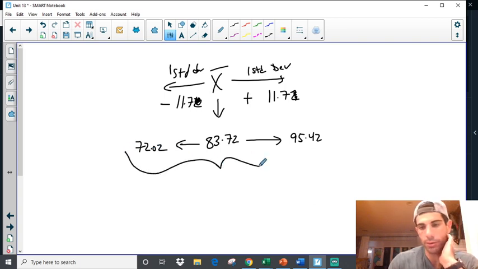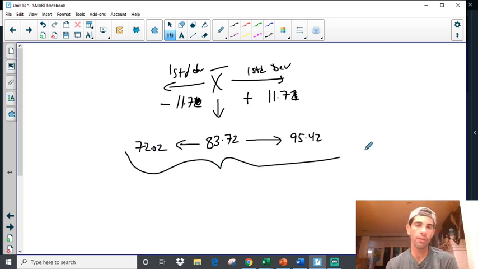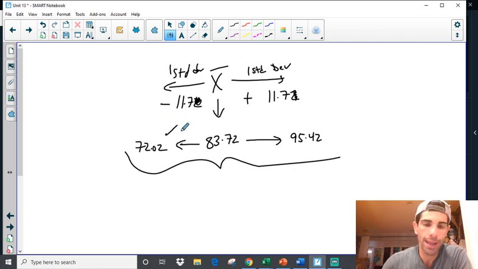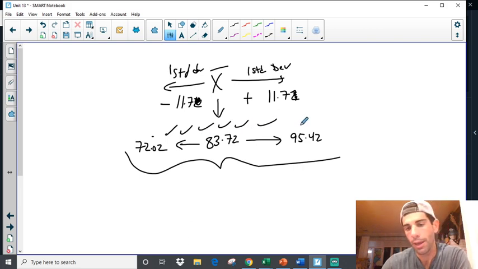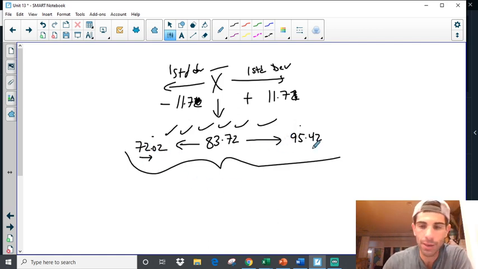So this represents all of the values that are one standard deviation from the mean, 72.02 to 95.42. So then you're just going to go ahead and count how many scores lie between 72.02 and 95.42. Now there are no decimals in this one, so basically you have to be greater than 72 and less than 95.4.